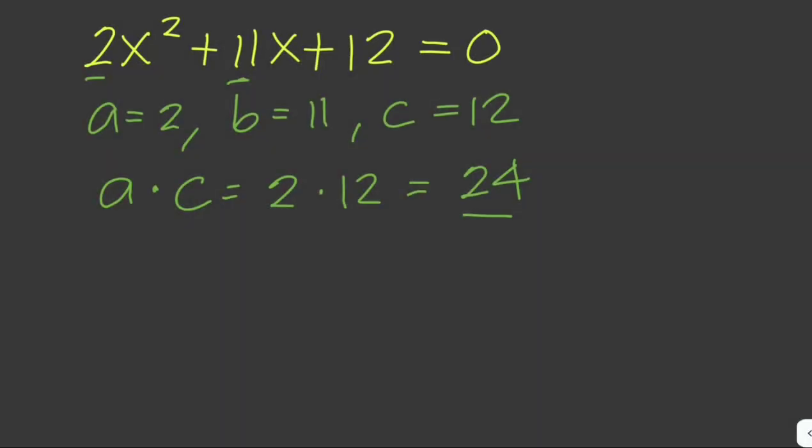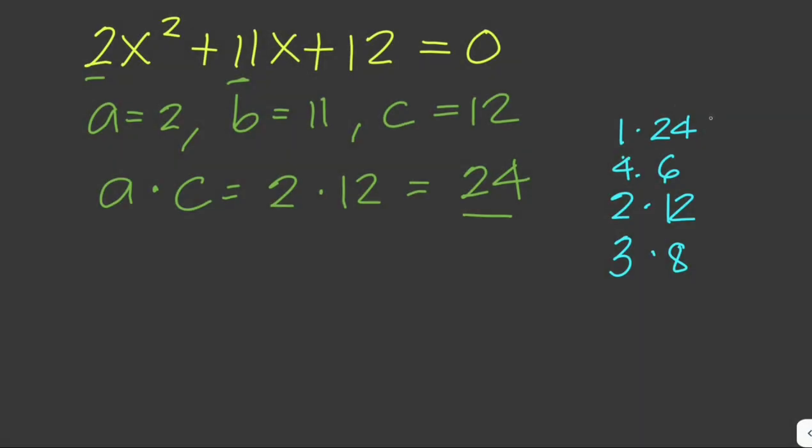Factors of 24 are 1 and 24, 4 and 6, 2 and 12, 3 and 8, because when you multiply them, they equal 24. So 1 times 24 is 24, 4 times 6 is 24, 2 times 12 is 24, and 3 times 8 is 24.